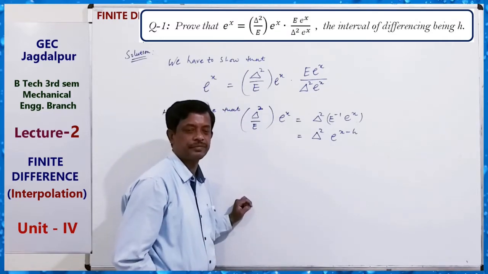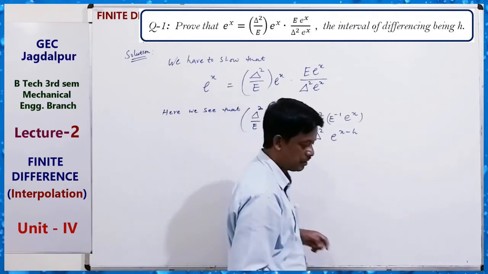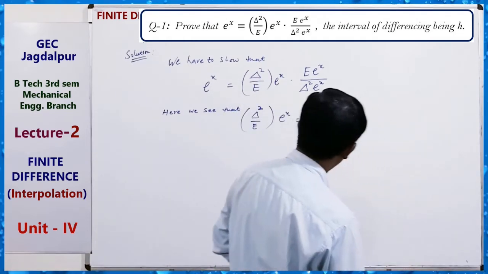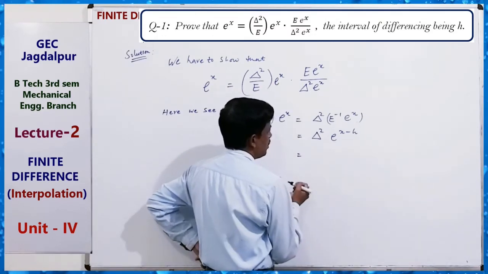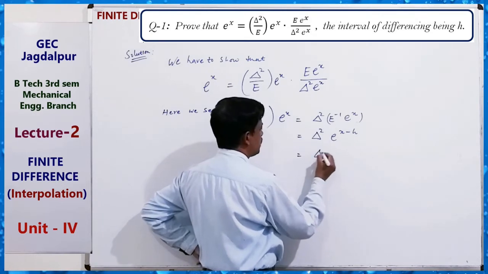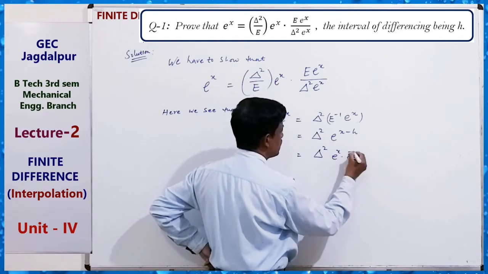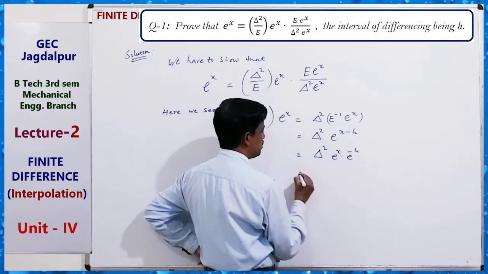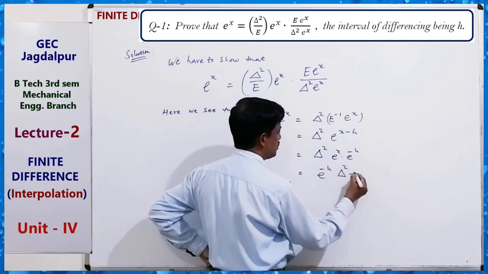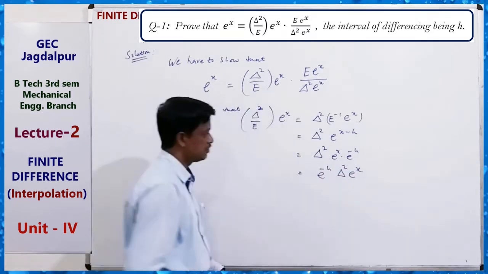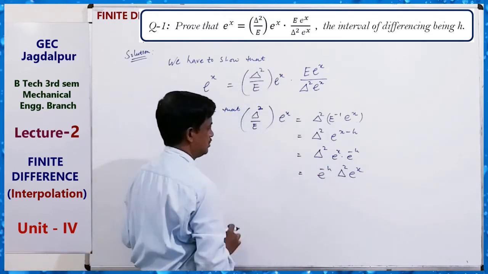Clear? Del square of e to the power x into e to the power minus h. This is a constant term, so it can be taken outside: e to the power minus h del square e to the power x. Clear? So this is equal to this.